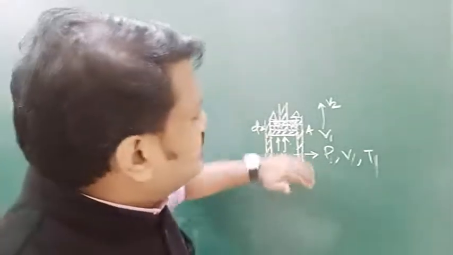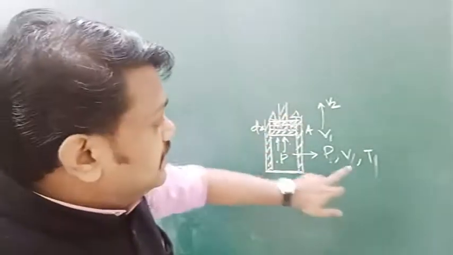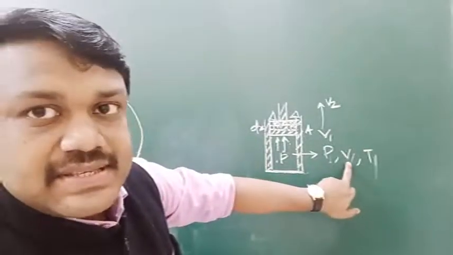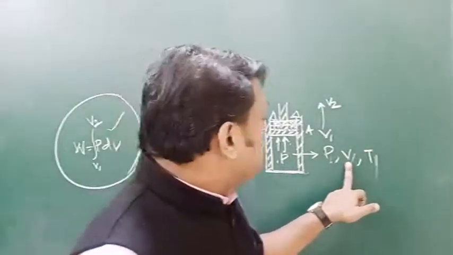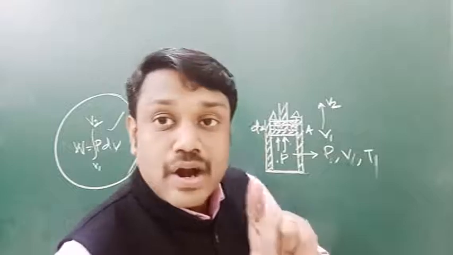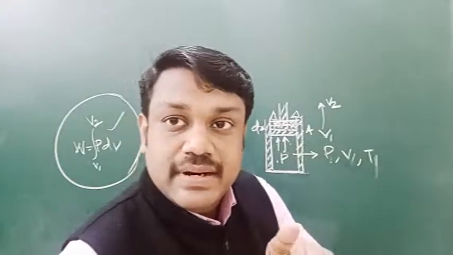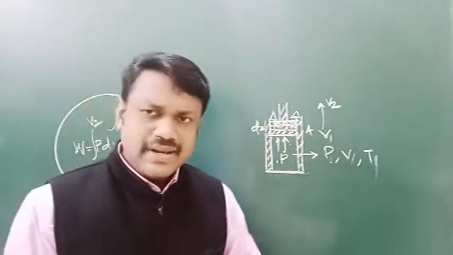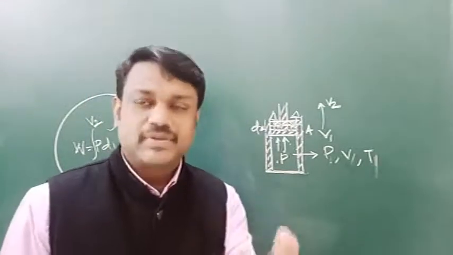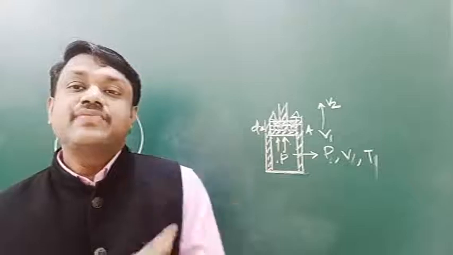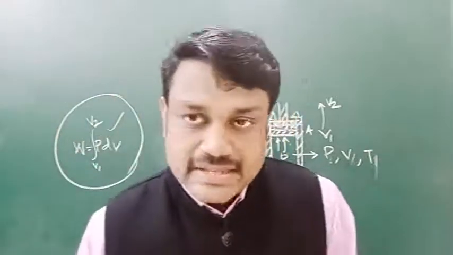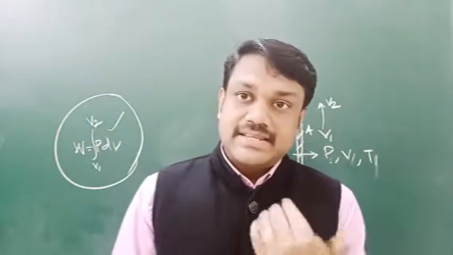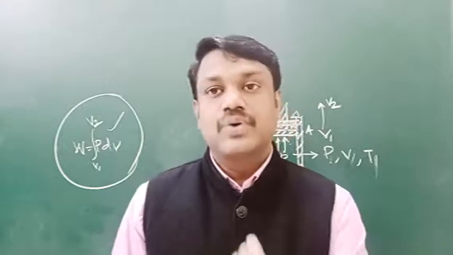Anyhow, here the system expands, then the volume automatically changes. Obviously, volume changes. If the volume changes, we can say that one of its state variables changed. If any one of the state variables changed, automatically another one is also changing. We are not talking about that, but we can say that if any one of the state variables is changed, then the system changes its state from one to another.